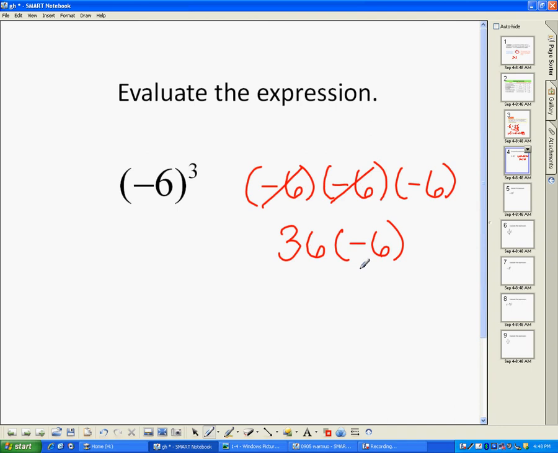Well, 36 times 6 is 216, and because it's a positive times a negative, my answer is negative. So to recap, if you're multiplying signs that are the same, your answer is positive. If you're multiplying signs that are different, your answer is negative. So negative 6 to the power of 3 is negative 216.